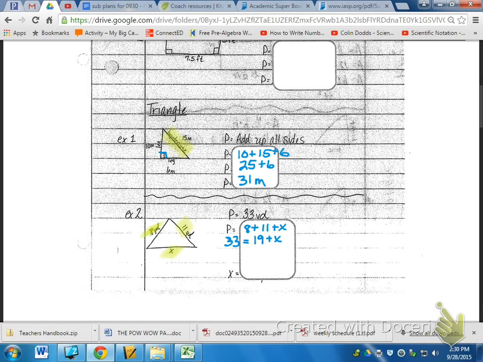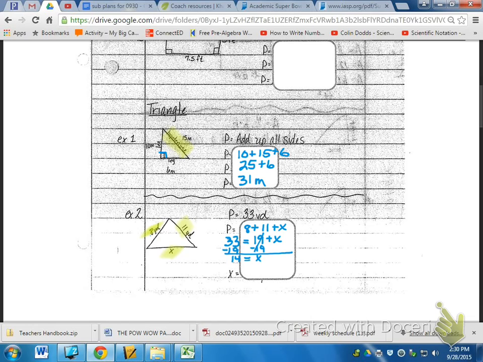Now, we just spent a whole chapter solving equations of all different kinds. This one would be considered a one step. If I want to get x alone, I'm going to subtract 19. And 14 equals x.